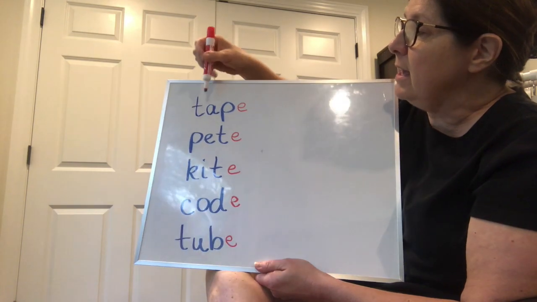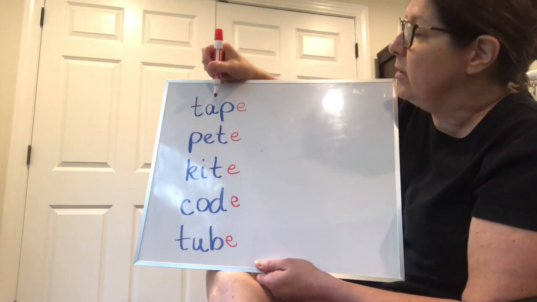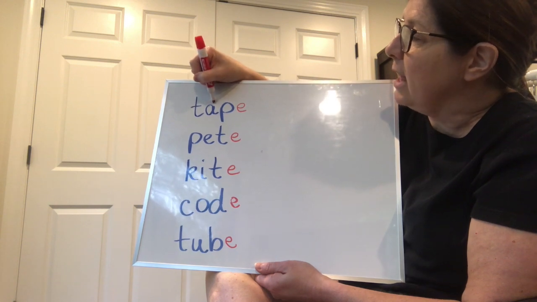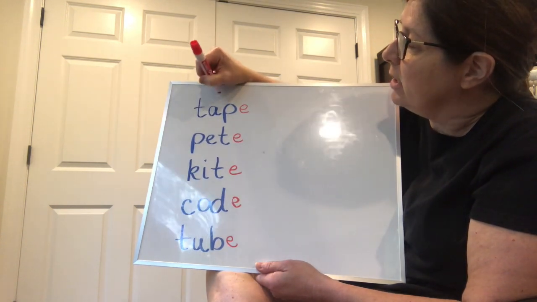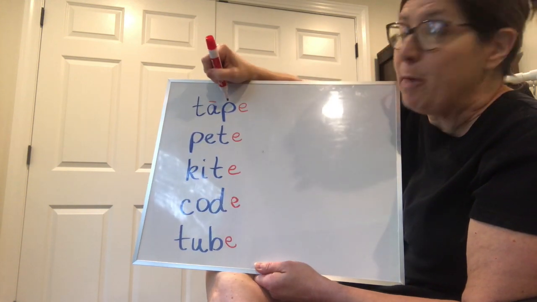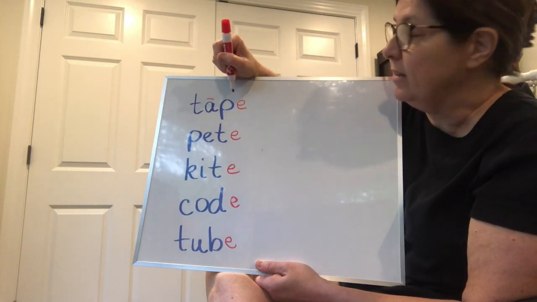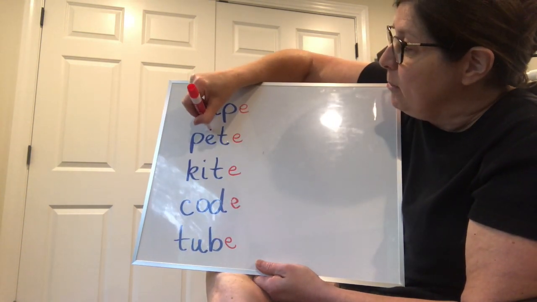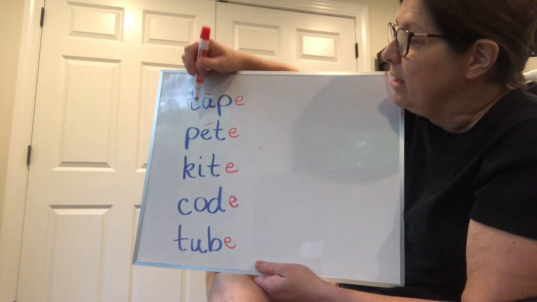So let's look at this again. When we say the word tape, this is what we call the long A. Sometimes we see a line over it like this. Whoops, my marker didn't write. So tap became tape. With the A sound, it says its name. Pet became Pete.